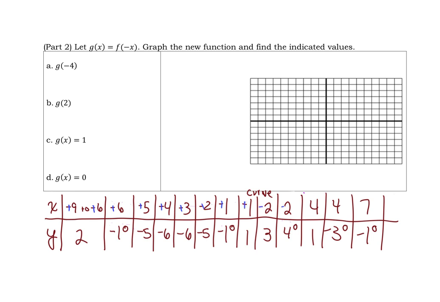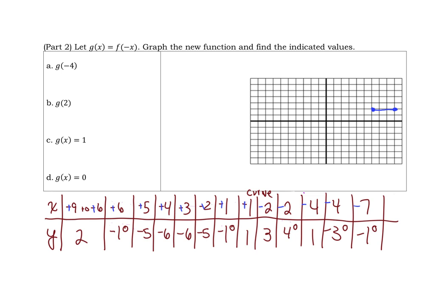And then -2, -2, -4, -4, -7. So the x's change their values. Now I'm going to graph them. So I'm going to go +9 to 2, and then +9 to 6, and that is that one segment.